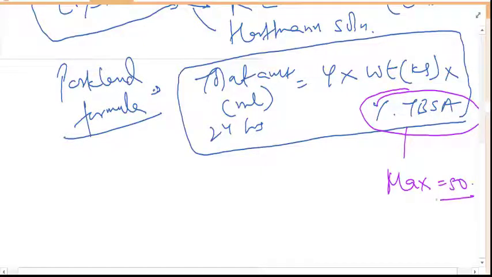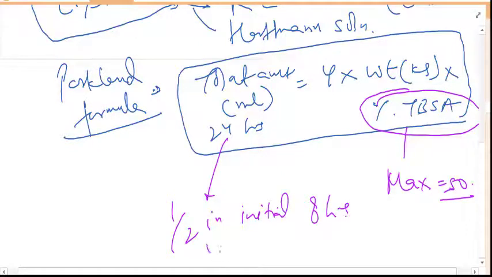So even if the burn is 60%, 70% or 80%, you will take 50 as the maximum. Out of this total, half in the initial 8 hours and the remaining half in the next 16 hours.